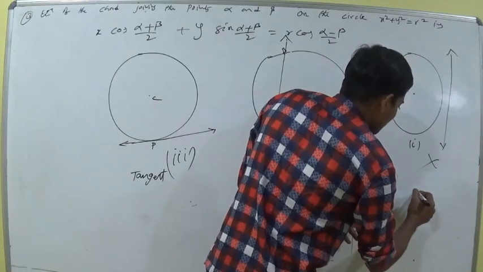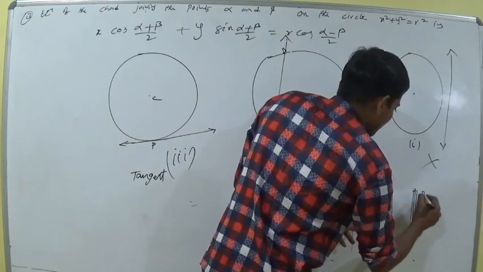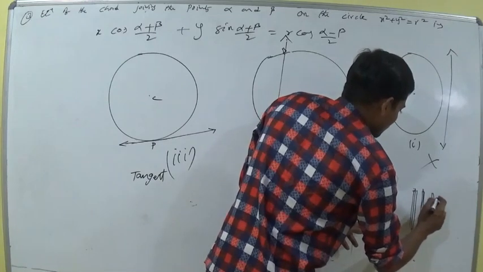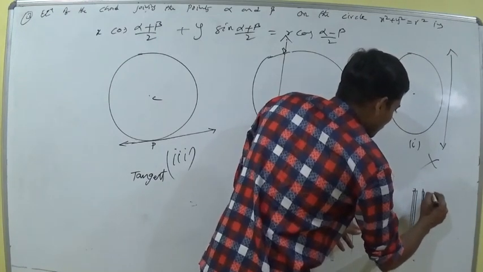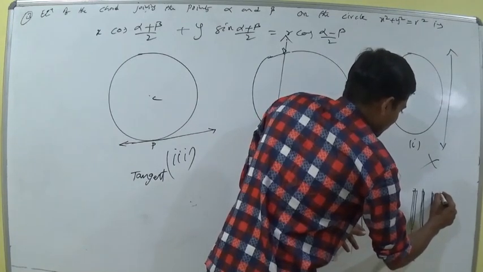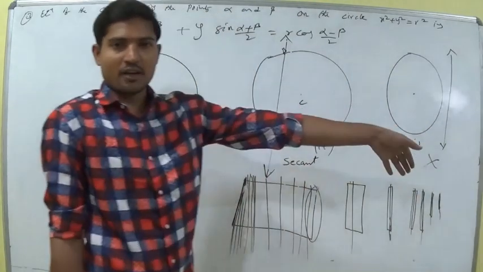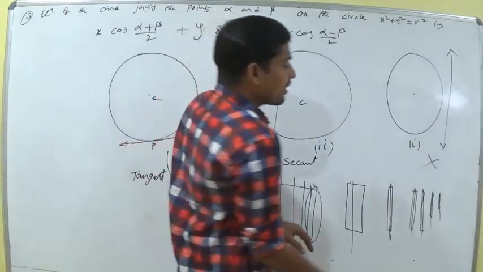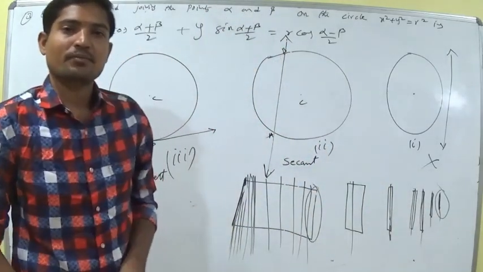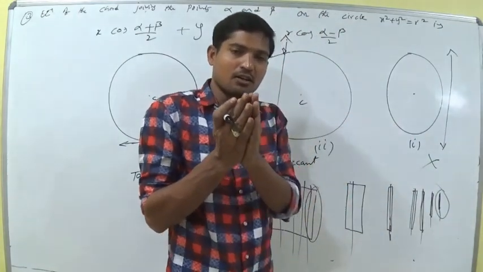Then this lean part is going to be divided like this I got, and this lean part is going to be divided. Now this lean part is going to be divided. Then after that is the limiting position of that rectangular piece.